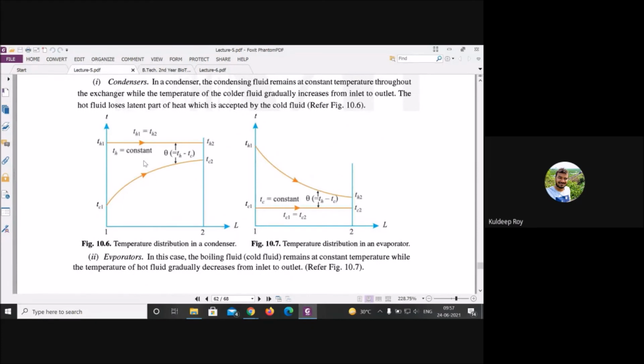Condenser means you are converting your steam, which is at high pressure, into liquid, which is called the condensate liquid. This is the condenser working principle. Now you can see how the cold fluid gets heated. Temperature will increase. This is the temperature profile of the condenser, where you are removing heat from steam to convert it to liquid, by adding any kind of coolant, such as water or any liquid.